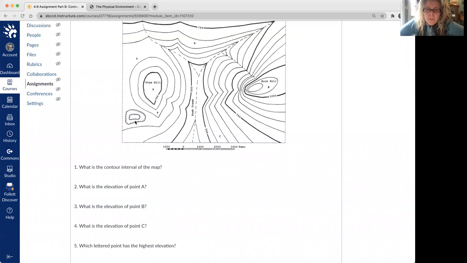So this is going to be 550. We're going to say this is 550, and it's going to be 525 because that's going to be half.